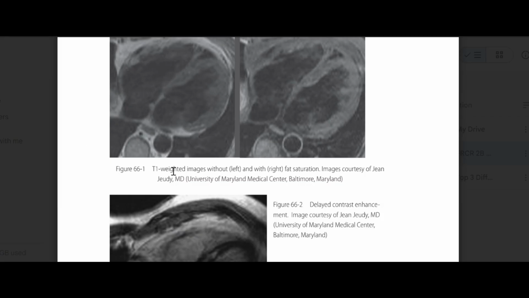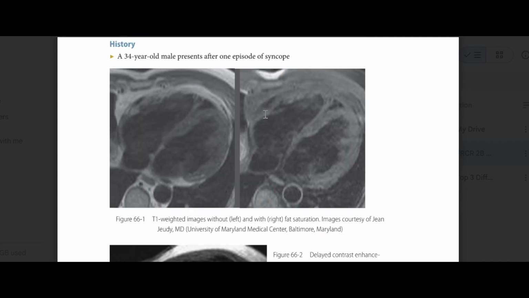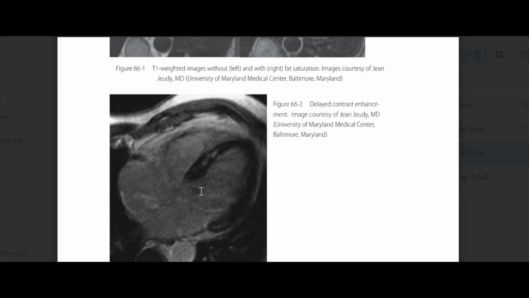So here this is the T1 weighted image and this is the T1 fat sat image. This is the right ventricular myocardium. This is a delayed contrast image.